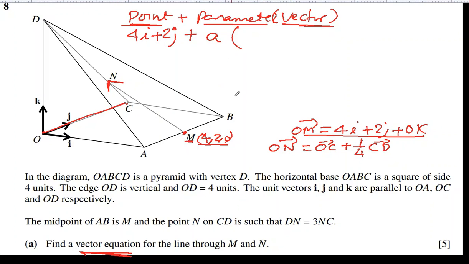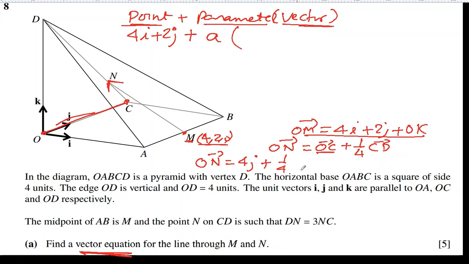And CD vector we can express in terms of i and j. So let me write here again, ON will become OC, which is 4j, plus 1/4 of CD. For CD, what will I do?